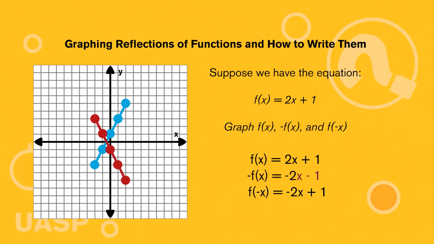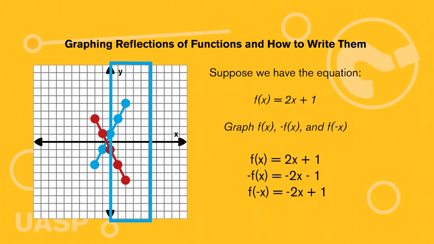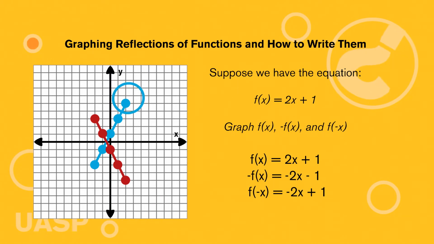Now, looking at these two equations, first off, hopefully you notice the pattern of the y-coordinates. They're the same value, it's just that they have opposite signs. If you look up here, the y-coordinate for this point of f of x is 5, and the corresponding point down here is negative 5. So what that's telling us is that negative f of x is reflecting over the x-axis.